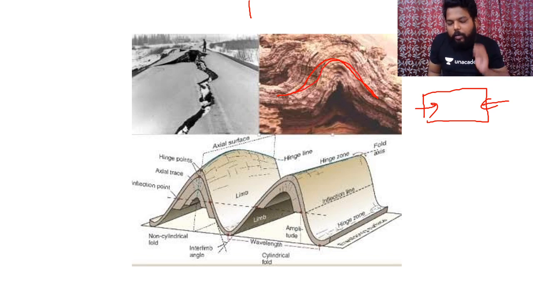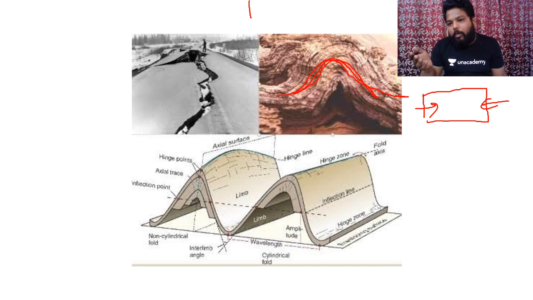In this picture, you can see the folding of crust at this junction. In this way, the crust would be folded, and if this happens over several hundreds of kilometers, such folding would rise in the form of a fold mountain, and the Himalayas are the best examples of this.